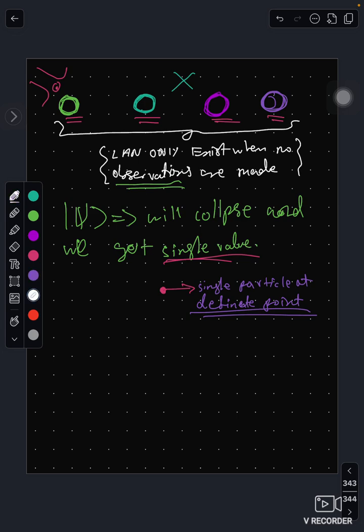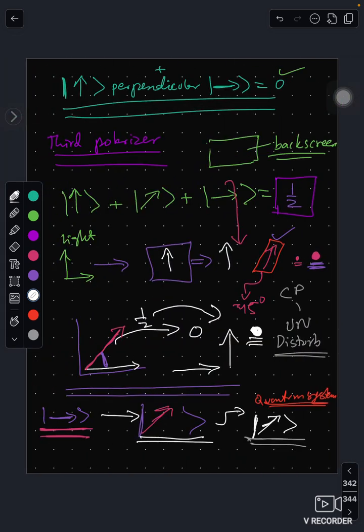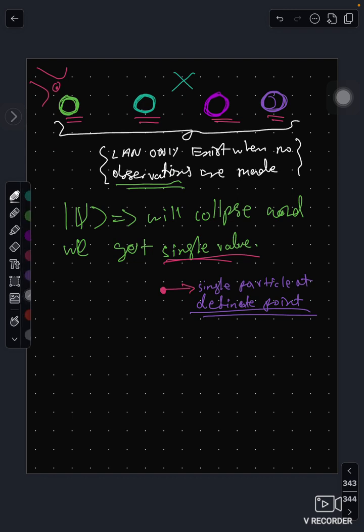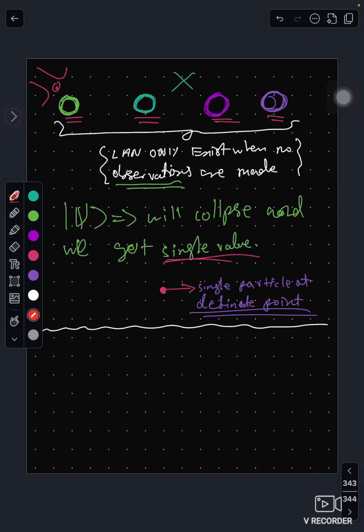So this is what we were talking about, the system changing in quantum mechanics. And then there's one more, there are many of course, which is the Schrödinger equation.